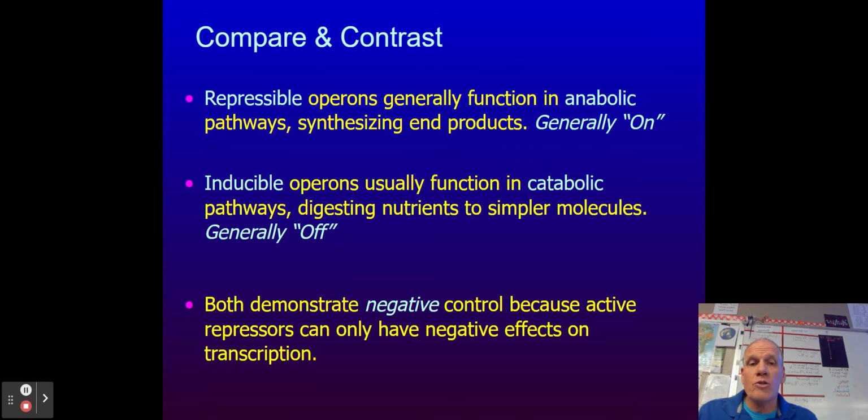Inducible operons are usually off, and they play a role in catabolic pathways, usually digesting nutrients to simpler molecules. Both of these pathways, however, demonstrate what we call negative control because the active form of the repressor inhibits transcription.